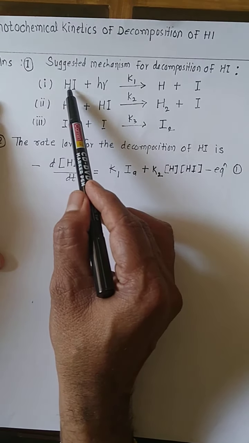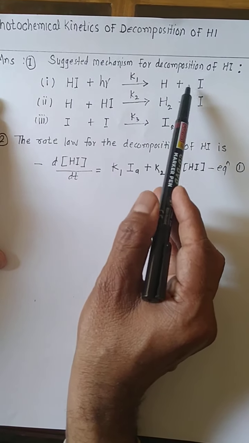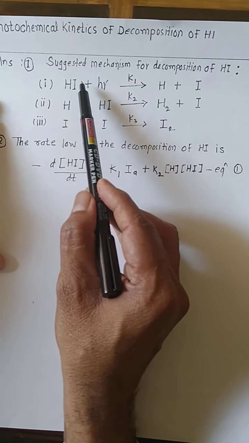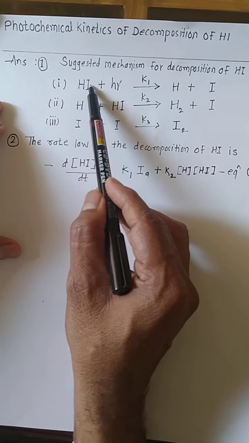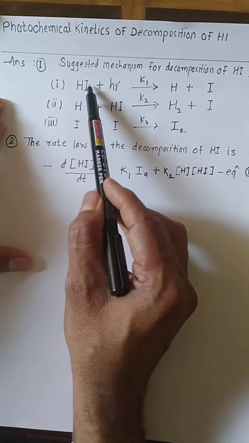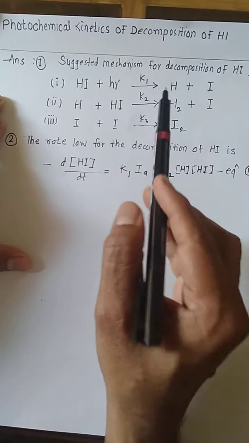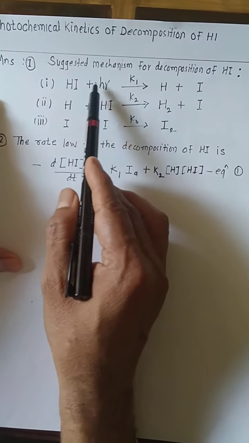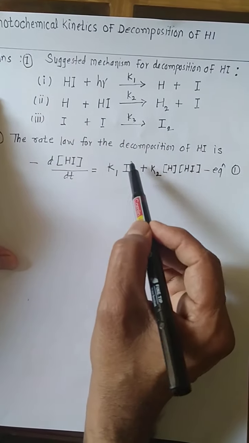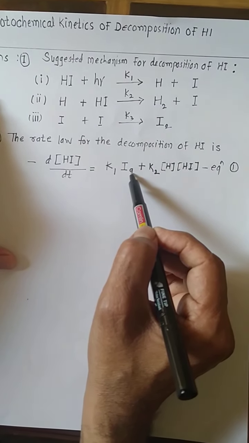The decomposition of HI into H and I, here the intensity is absorbed. Here decomposition takes place in the reactant, so you write plus K1, then the intensity absorbed. Here IA is intensity absorbed.